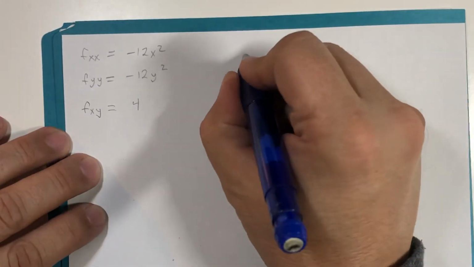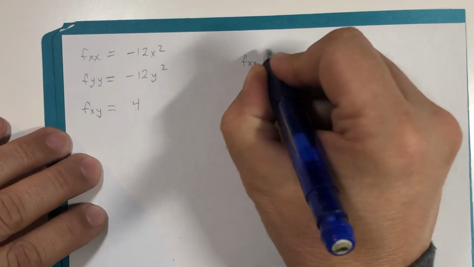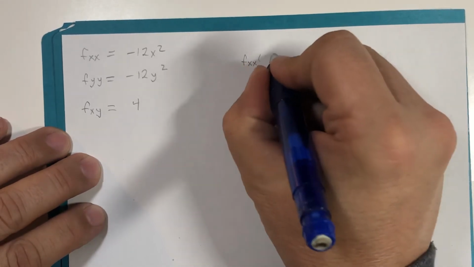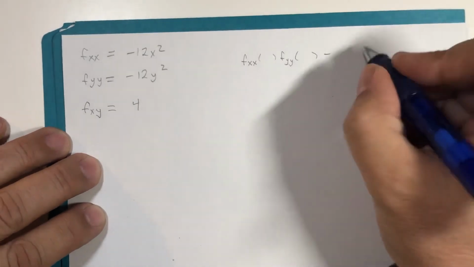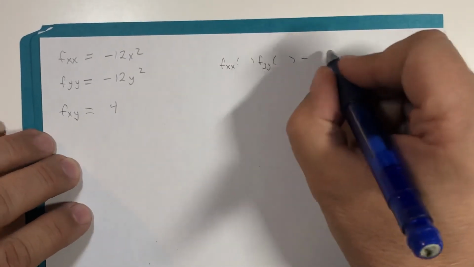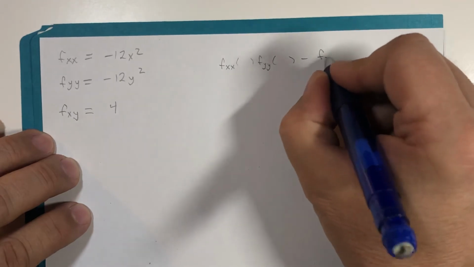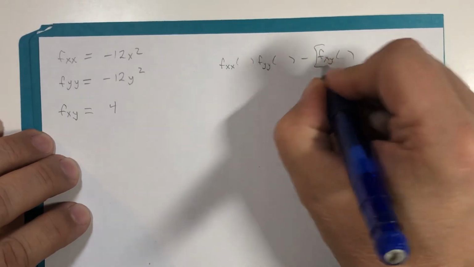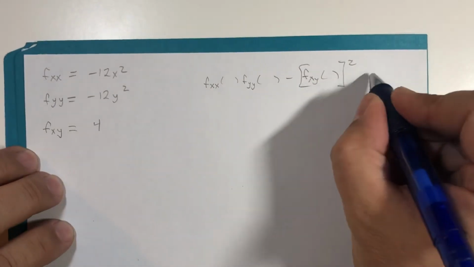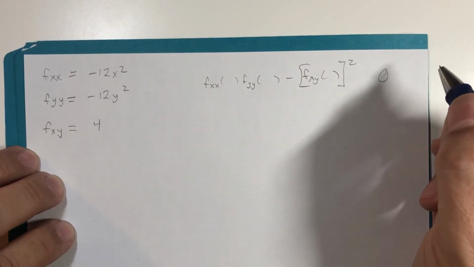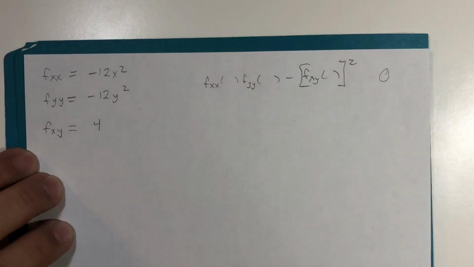And remember, what we're going to do is be checking this second derivative test for whether it's greater than or less than or equal to 0.